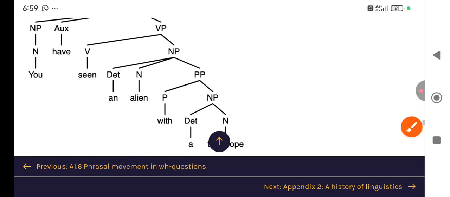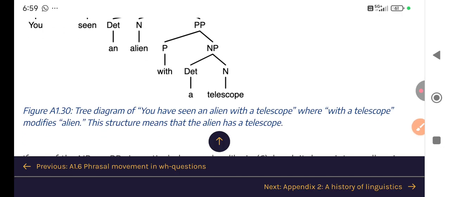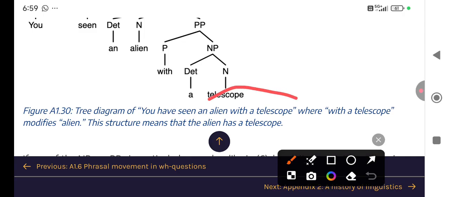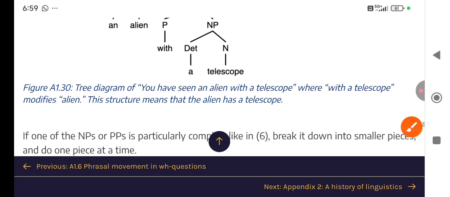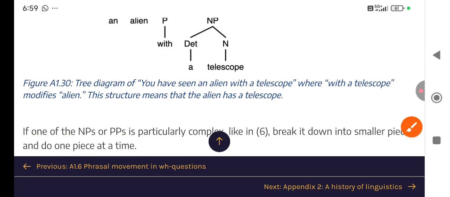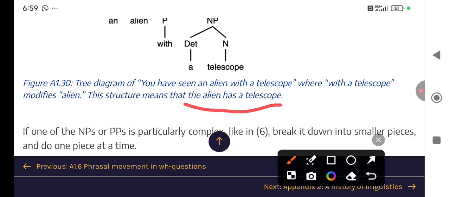But suppose another interpretation. You have seen an alien with a telescope, where with a telescope modifies alien, not you. The structure means that the alien has a telescope.